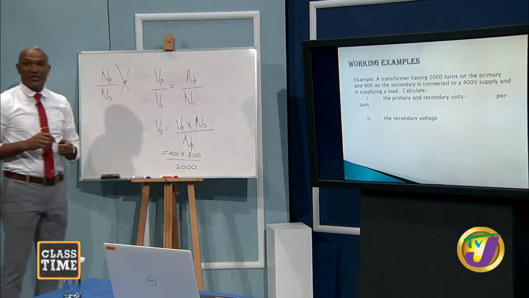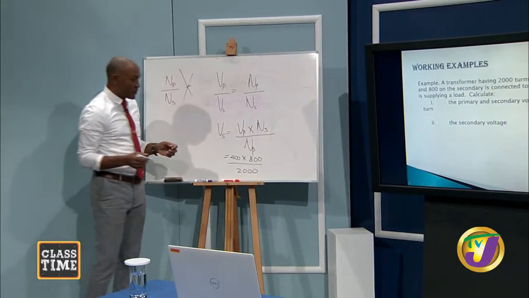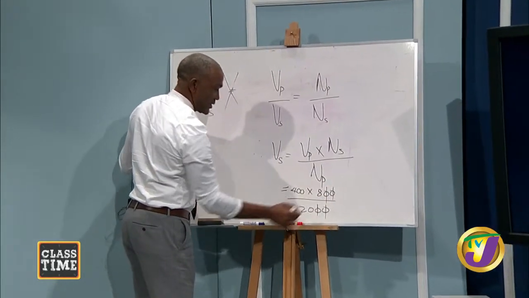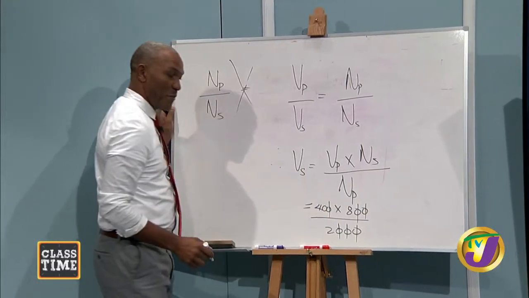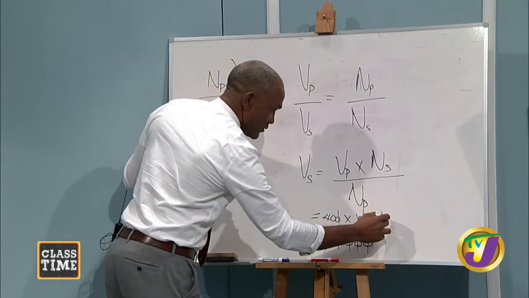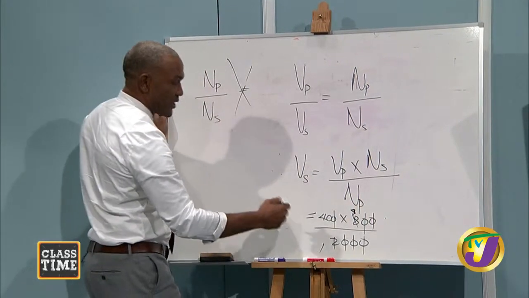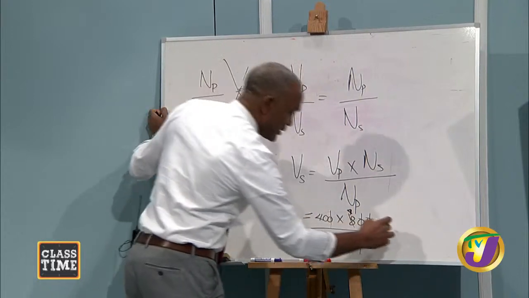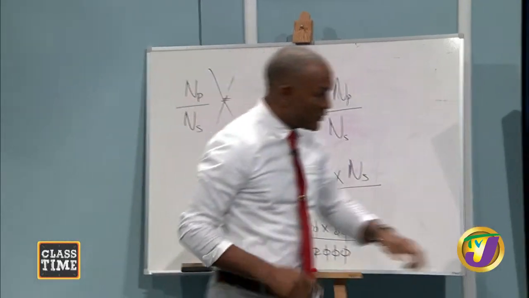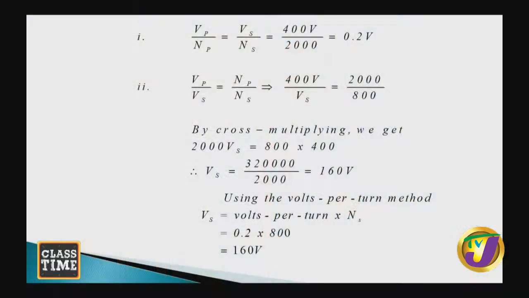Now by virtue of using your mathematics skills, we could cross off the zeros. Then we say 2 into 2 goes 1, 2 into 8 goes 4. And then we multiply across, and 4 times 40 is equal to 160 volts. And that would be your answer, student. And if you look, we have 160 volts.